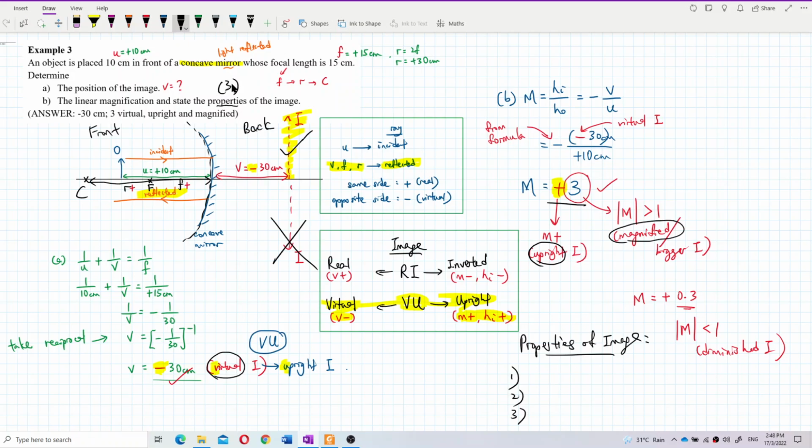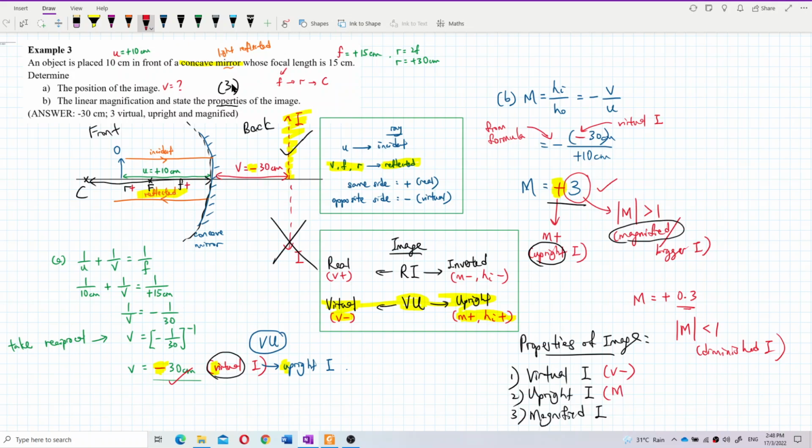So it's a virtual image, it is an upright image, it is a magnified image. Why virtual? Because V is negative. Why upright?